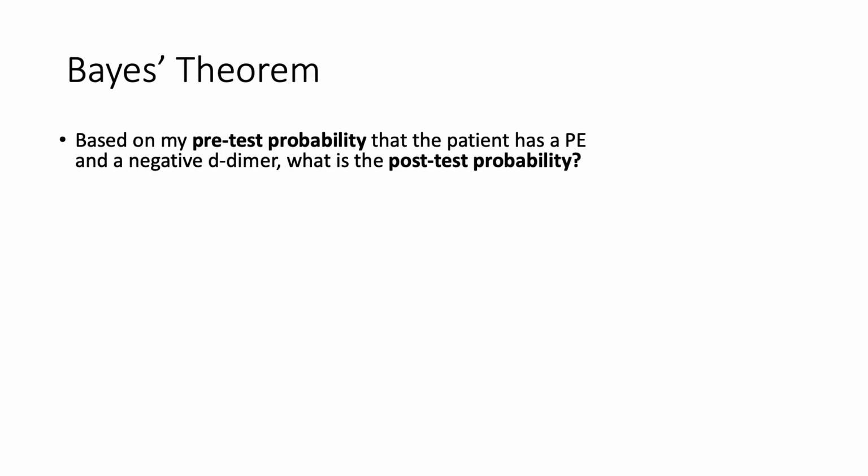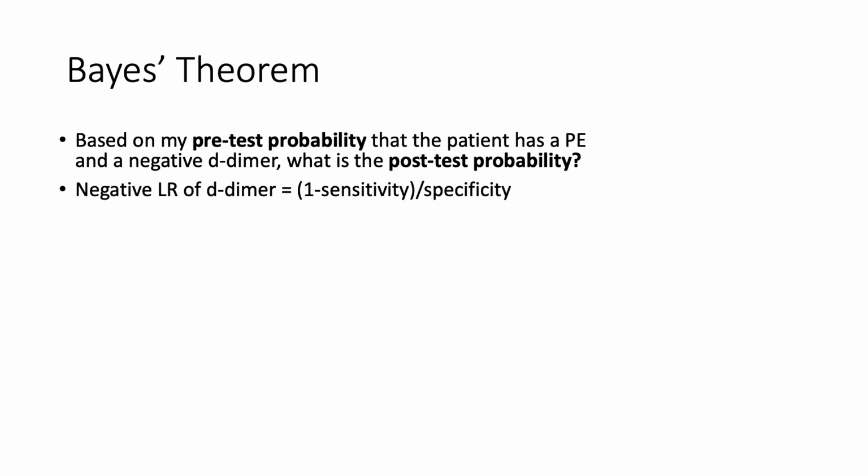So this is a great illustration of Bayes' theorem, which is the mathematical rule you use to update the probability of something being true after you get new information like a test result. So you say, what is my pretest probability that the patient has a pulmonary embolism? And then we get the D-dimer, and now that we have the result, say it's negative, what is my post-test probability?